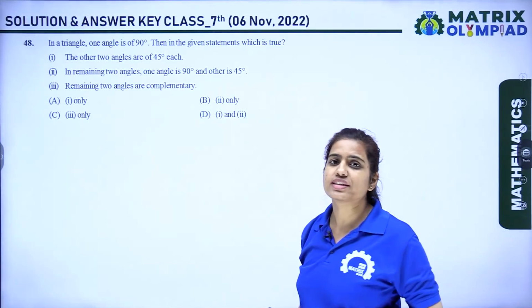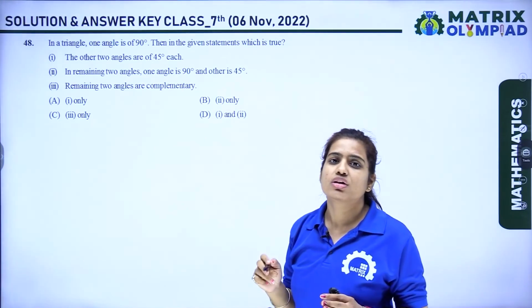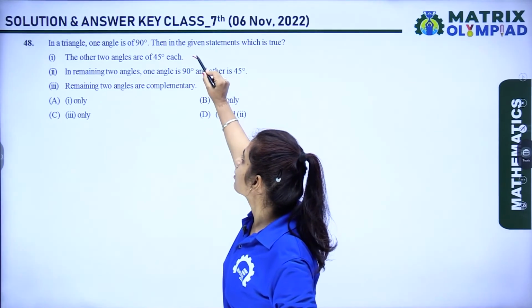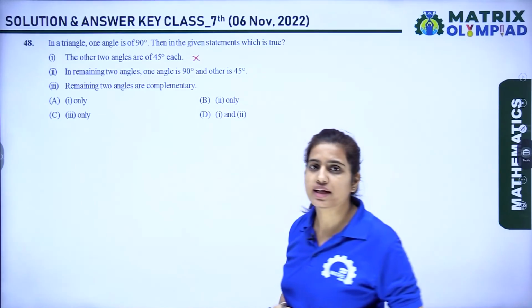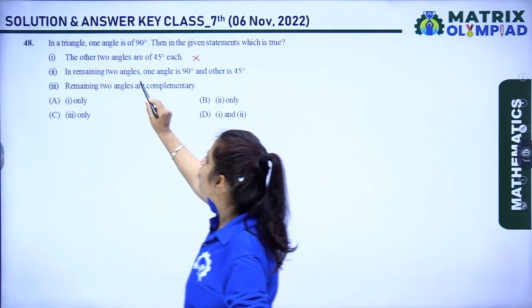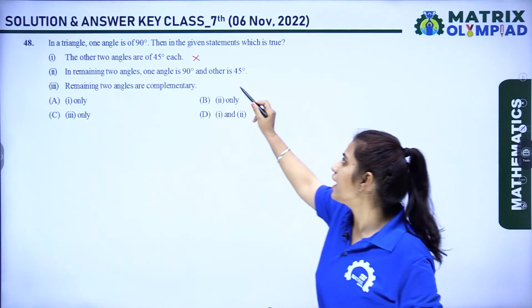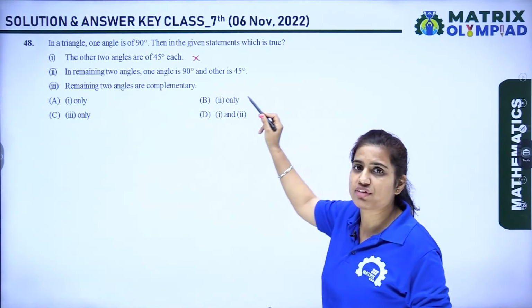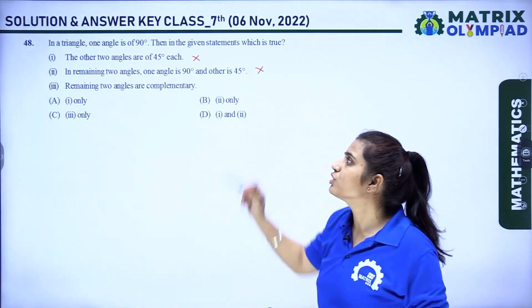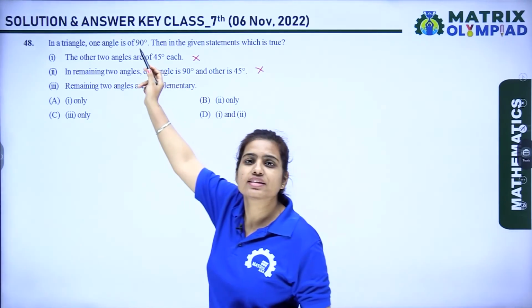So it is not necessary the other two angles will be 45 degree. So this statement is not correct. Now the second statement is in remaining two angles, one angle is 90 degree and other angle is 45 degree. So this statement is also not possible because we have already one angle that is 90 degree.